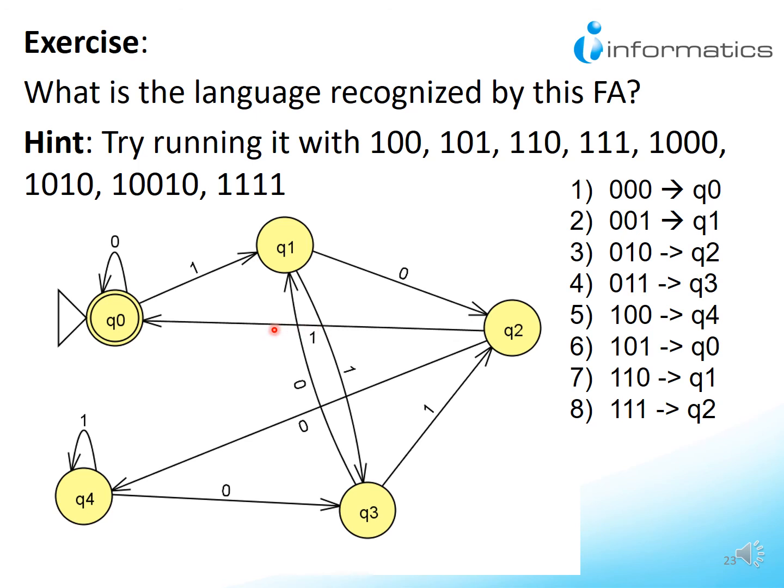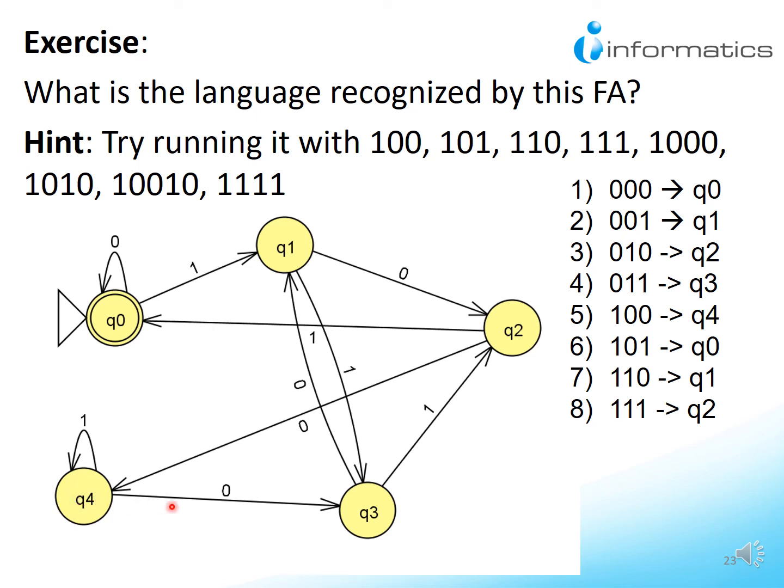When you see a 1, the binary value becomes 2 times the current value plus 1. So 2 times 2 plus 1 is 5, so you go to Q0. On the other hand, if you see a 0, that means left shift. Left shift means times 2. So Q2 times 2 becomes 4.